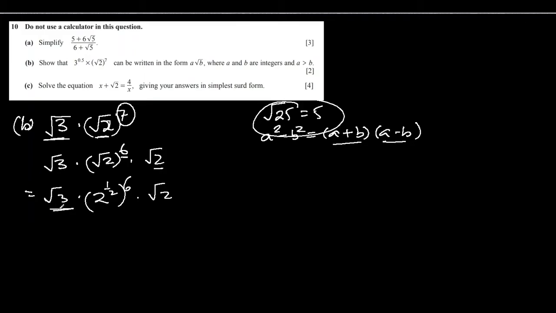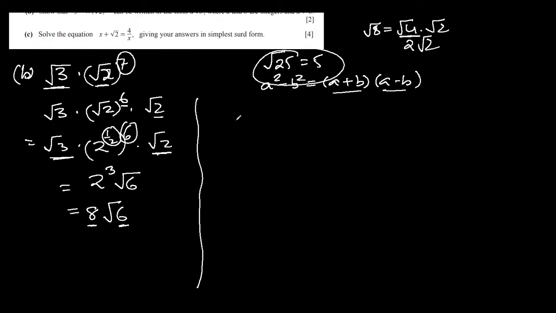Now square root 3 and square root 2 can be multiplied together, they will become square root 6. And half and 6 will multiply because they are an exponent of an exponent, it becomes 2 cubed. Half times 6 is 3. And finally it will become 8 square root 6. So in this case A is 8, B is 6.